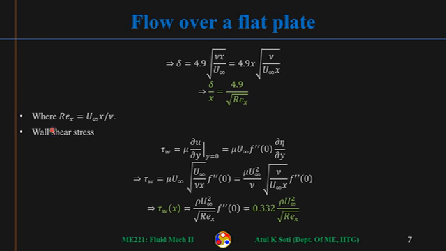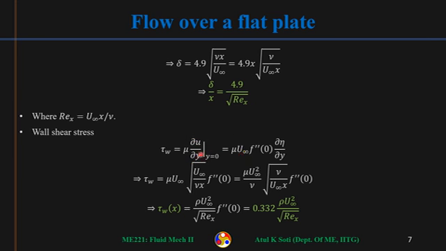For example, the shear stress on the wall, tau wall. So on the plate surface, tau wall will be equal to mu del u by del y at y equal to 0. This will give us the wall shear stress. And then del u by del y I can write, as u is simply u infinity into f prime of eta, right?